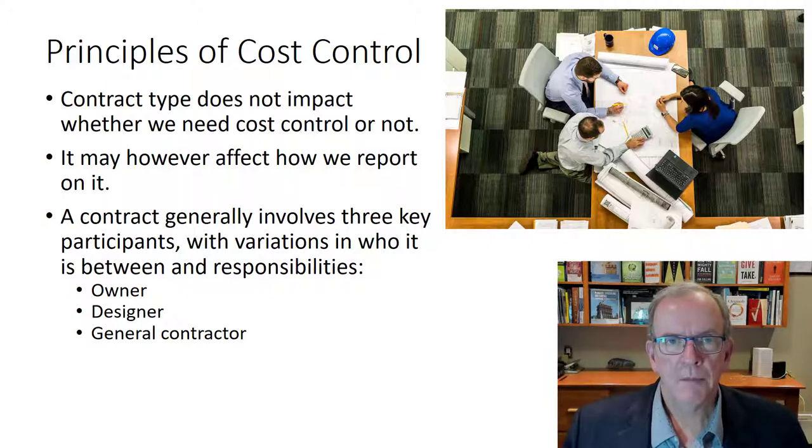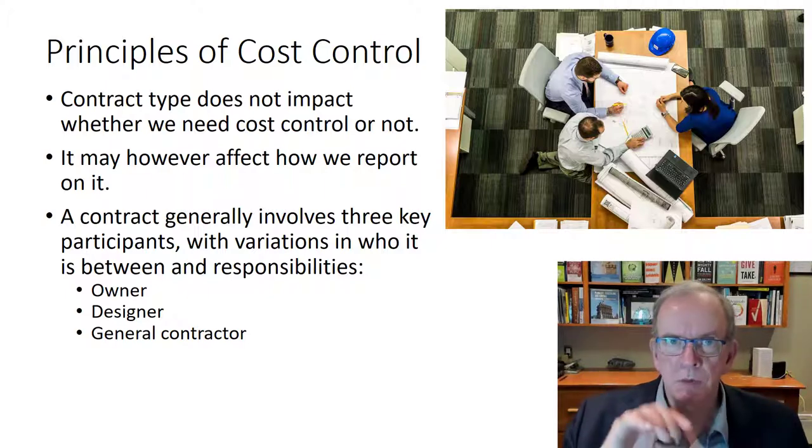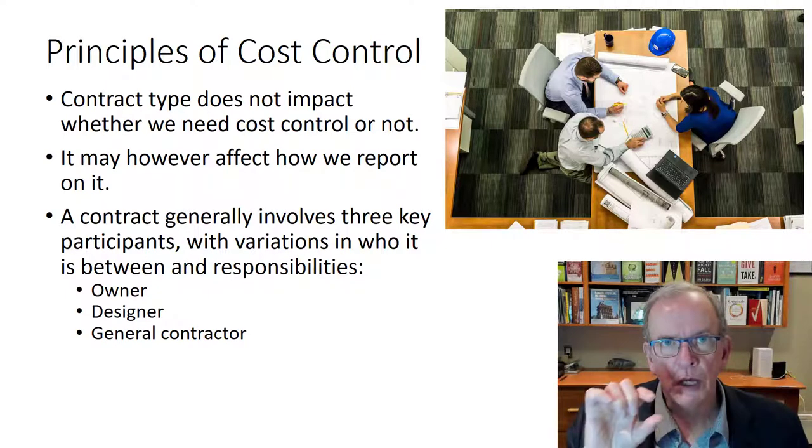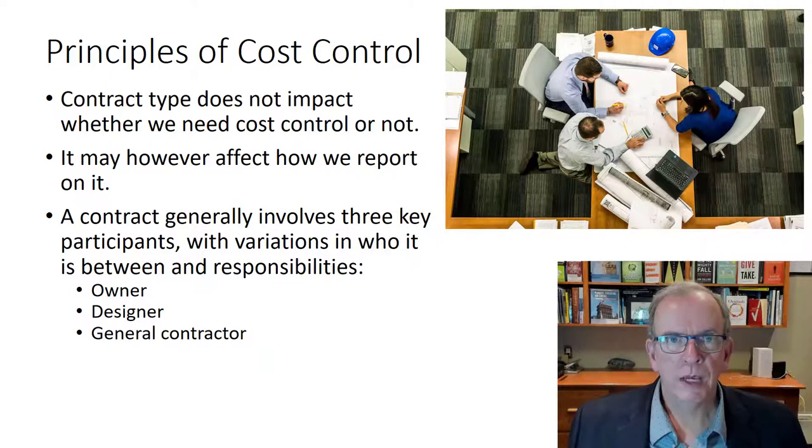So if it's a lump sum project, a stipulated sum project, the most common type of project, although getting to be less common than it used to be, we're really wanting to make sure that we're keeping the controls on our costs for our own purposes, right? So that we can come under budget, make the profit targets that we set out for, cover our overhead for the company and be sustainable as a business.